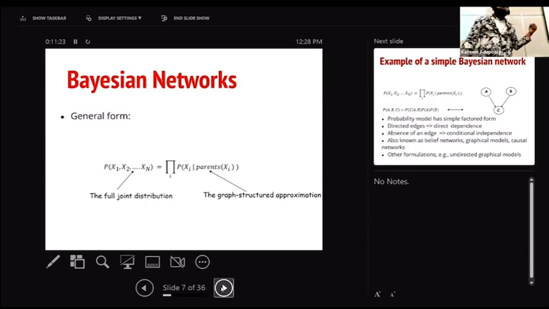In this graphical structure, if a variable depends on another variable, the one that depends is going to be called a child. And a child depends on parents, right? That's why you see the probability of xi given the parents of xi.